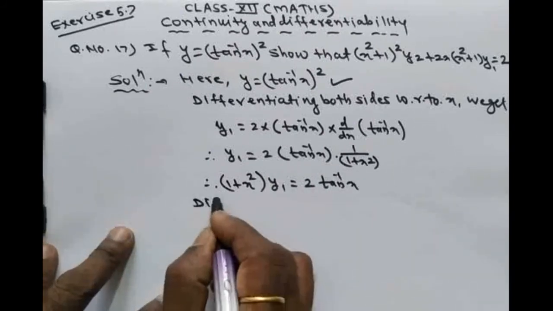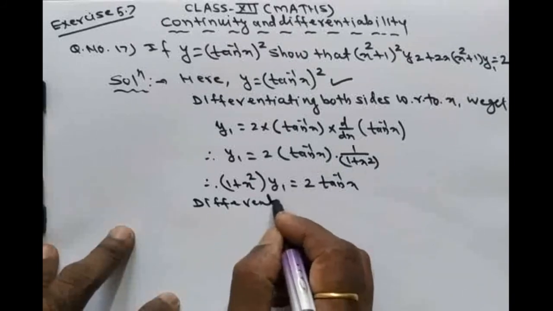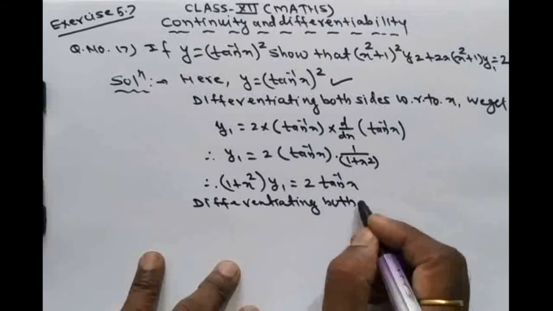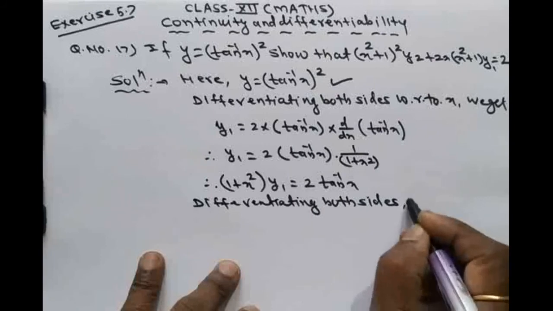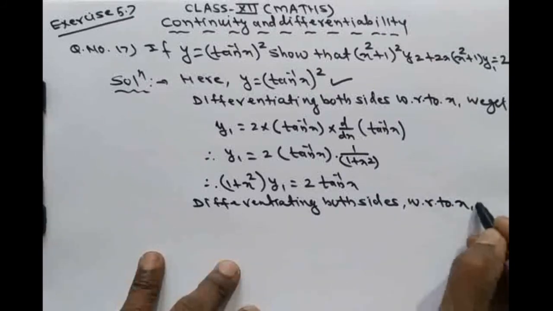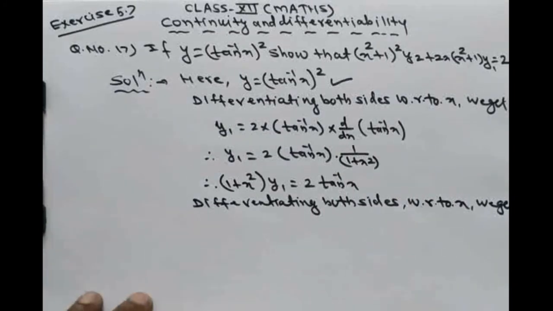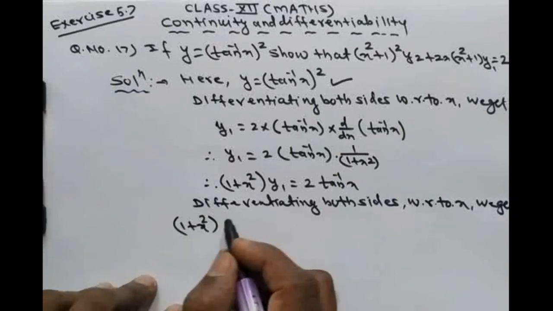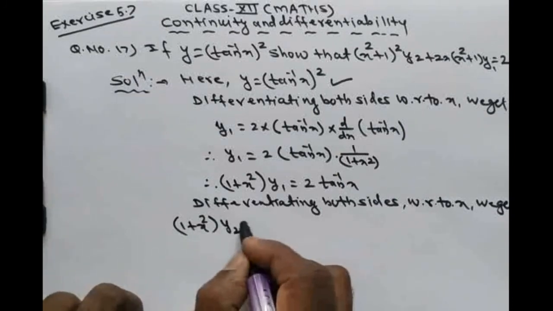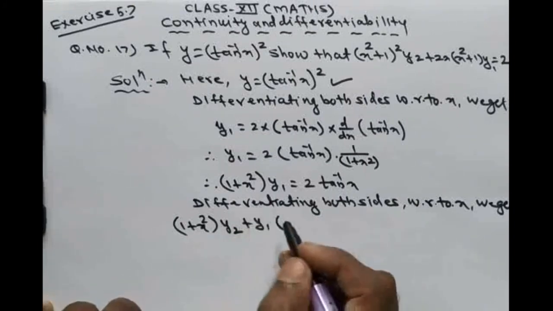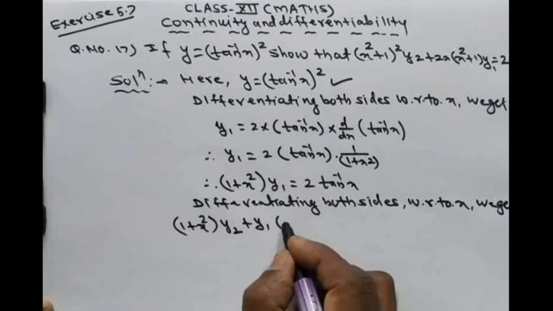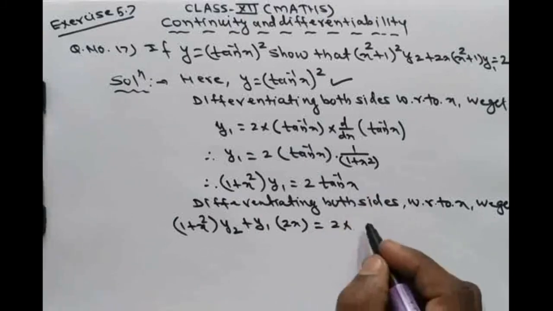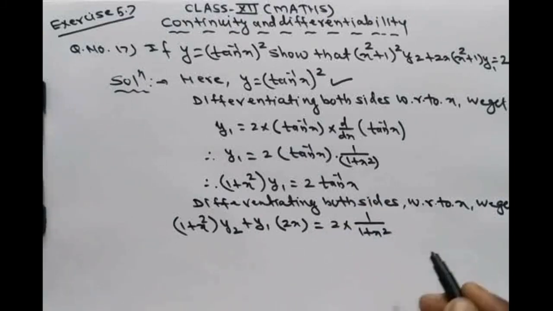Okay, so differentiating both sides with respect to x, we get: first function (1 plus x²) into derivative of y1, which is y2, plus second function y1 into derivative of 1 plus x², derivative of 1 is 0, of x² is 2x, equal to 2 into, 2 is a constant number, derivative of tan inverse x is 1 upon 1 plus x².